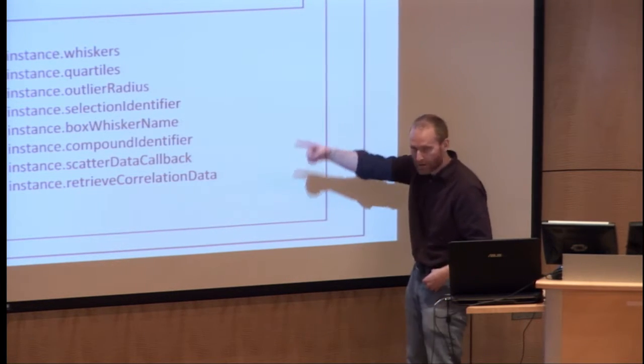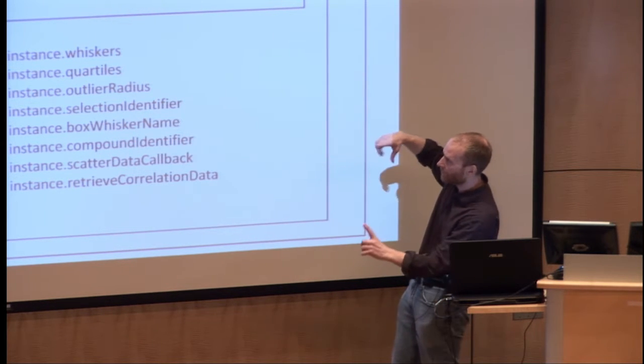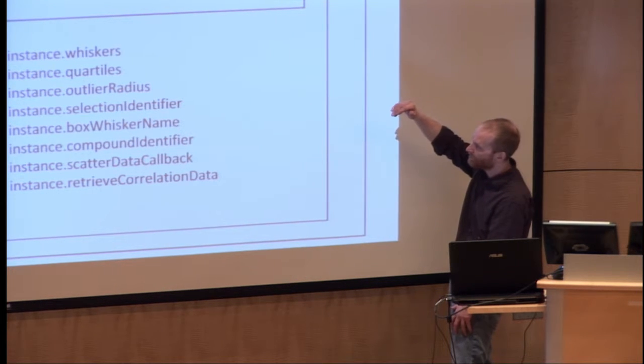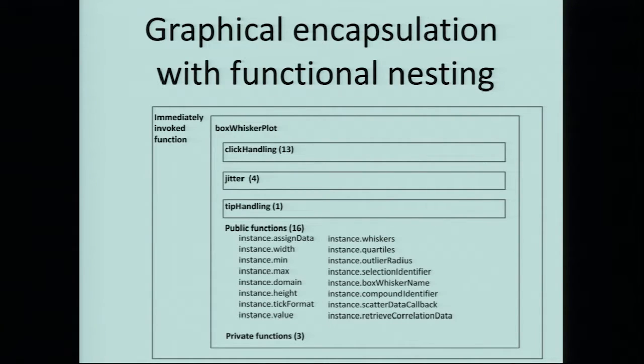You've got an immediately invoked function sitting around the whole thing, a box whisker plot, which is the actual functional piece of JavaScript, and then a couple of modules: tip handling just calls the tooltip that's defined elsewhere, a bunch of public functions, and then some private functions. For each of these, I took the number of function definitions, which are not enumerated here, and just put a number. So in click handling, there are actually 13 different functions, some of them inside one another. So here you have functions within functions within functions.